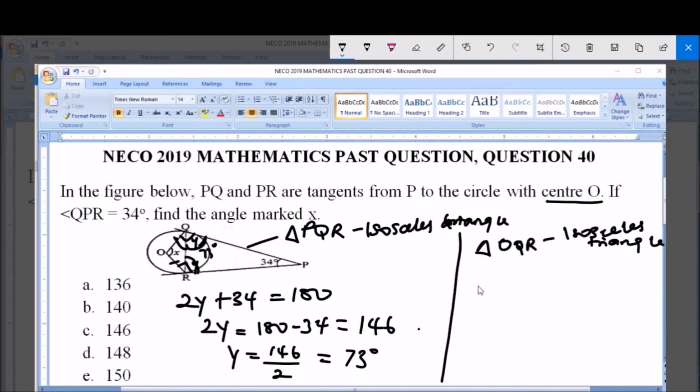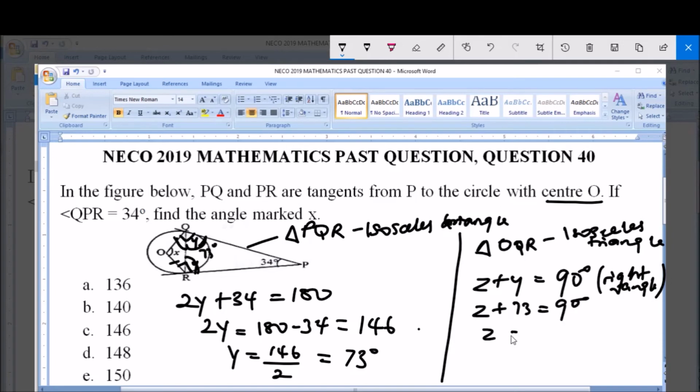Let's call it angle z. So we say z plus angle y is equal to 90 degrees, that's the right angle. So z plus 73 is equal to 90 degrees. So z is equal to 90 minus 73, which is equal to 17 degrees. So each of these angles here is 17 degrees.